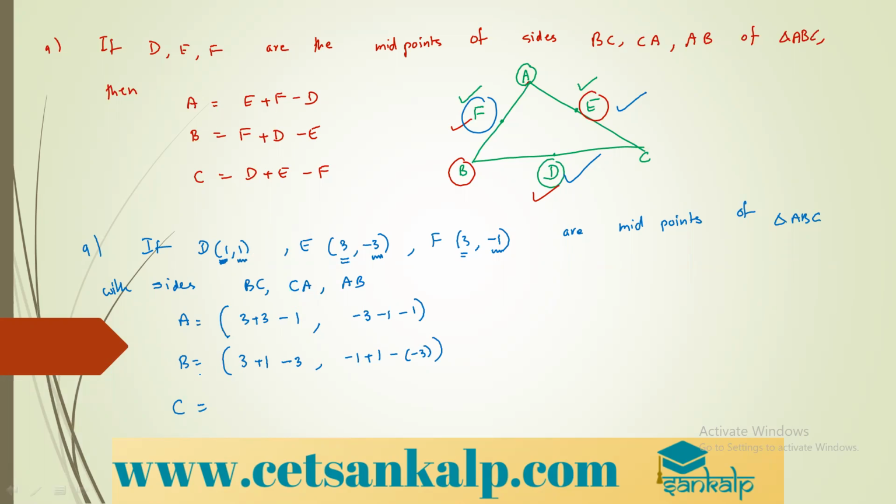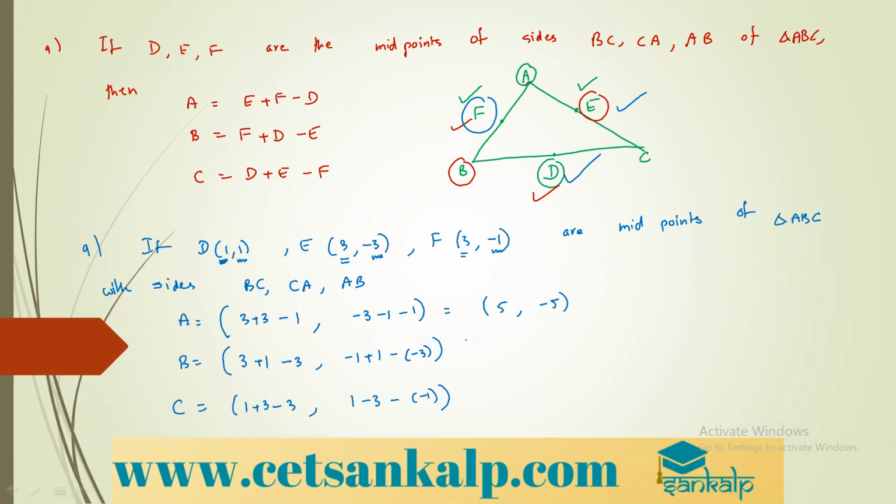In order to find C, D plus E minus F, the x coordinate: 1 plus 3 minus 3. Y coordinate: D plus E minus F, 1 minus 3 minus (-1). And so on, simplifying, 6 minus 1 is 5, -3 minus 1 minus 1 is -5.